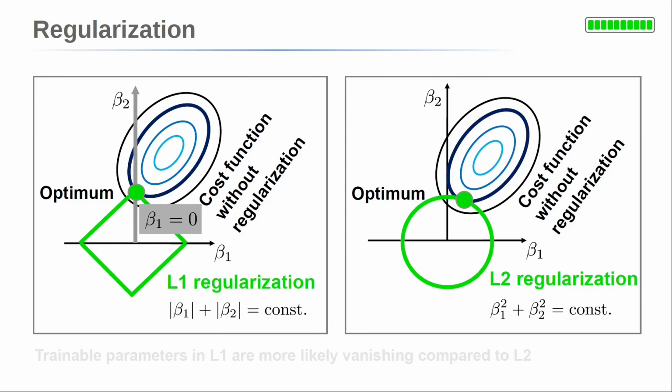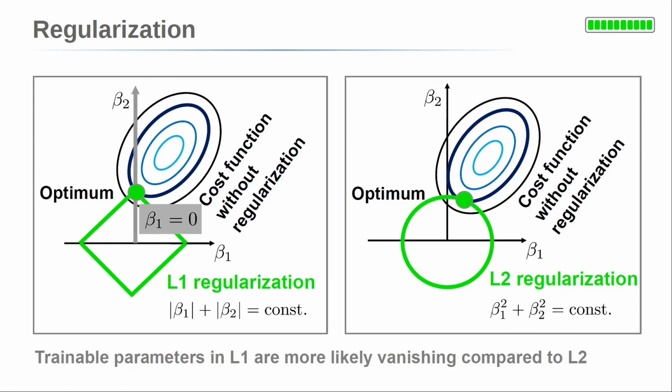On the right, for L2 regularization, this point is somewhere between the beta 1 and the beta 2 axis. Of course, this is a very simple example, but in general, the L1 regularization tends to set the less influential parameters to 0 compared to L2 regularization. So whenever you want to find a model which limits the total number of parameters, the L1 regularization should be preferred.